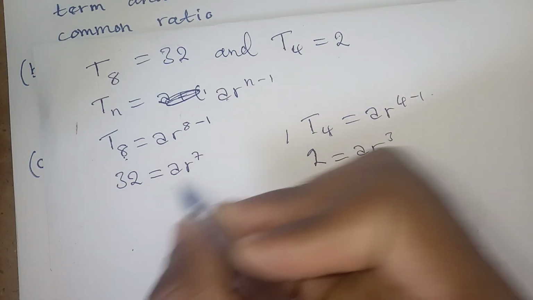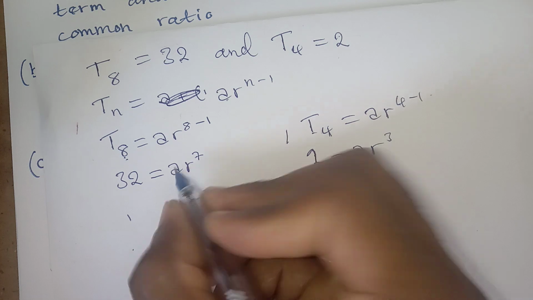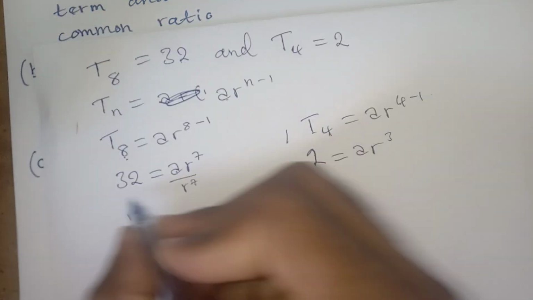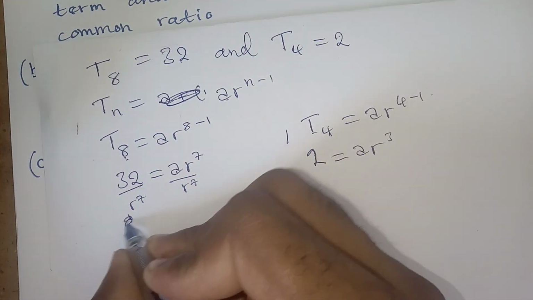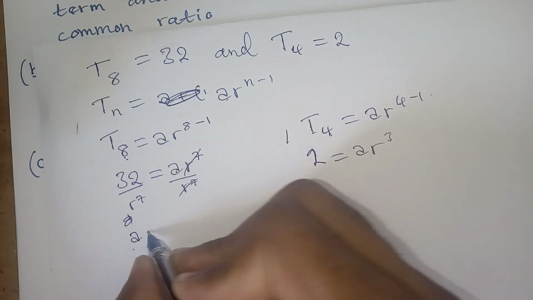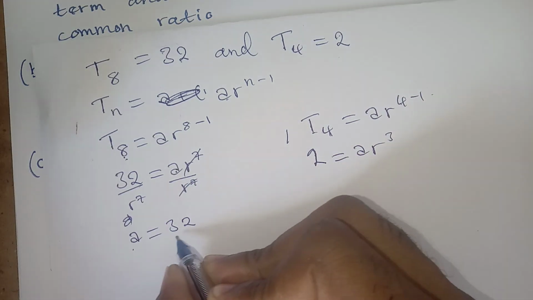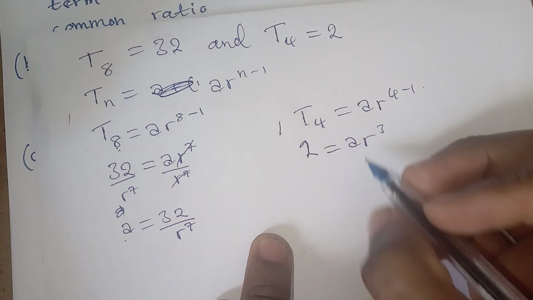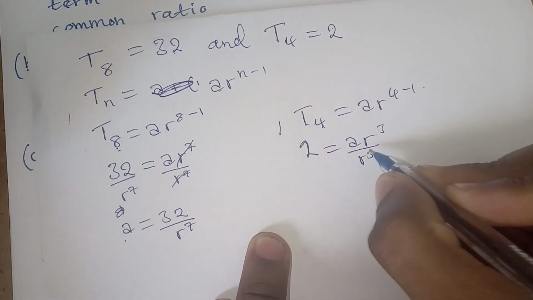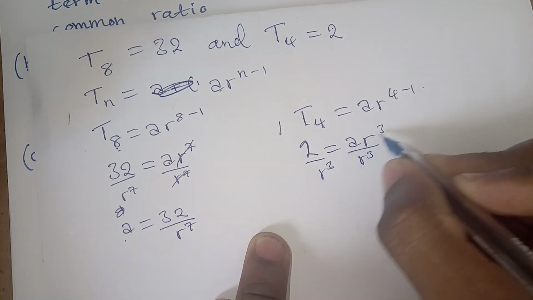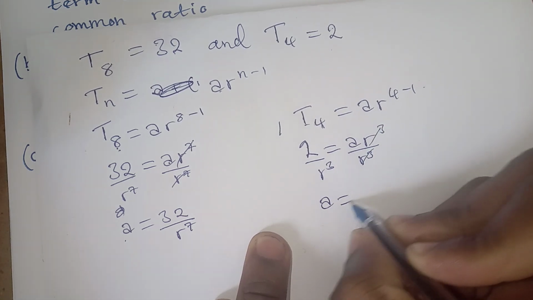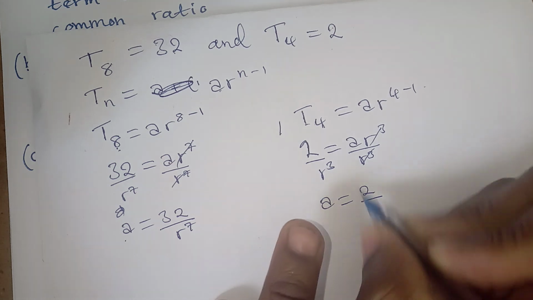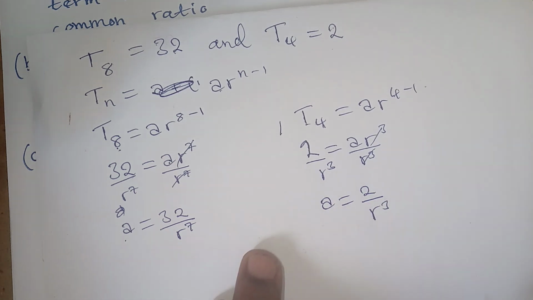So I'll make A the subject of the formula, so I can divide both sides by r to the 7, so that my A is equal to 32 over r to the 7. Then I can do the same thing there, divide both sides by r to the 3, so that my A here is equal to 2 over r to the 3.